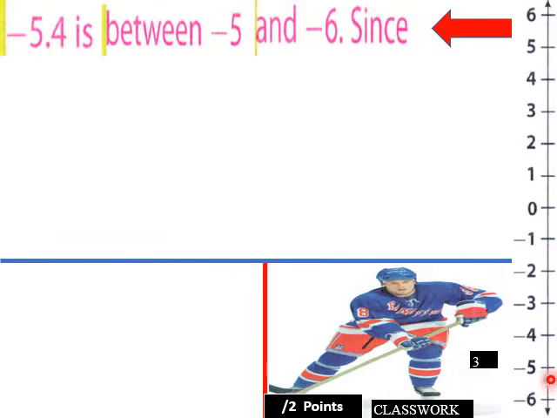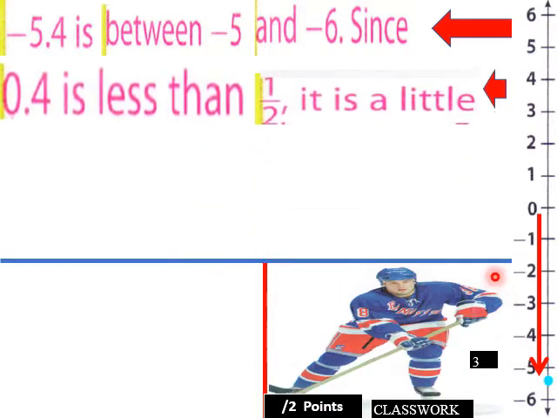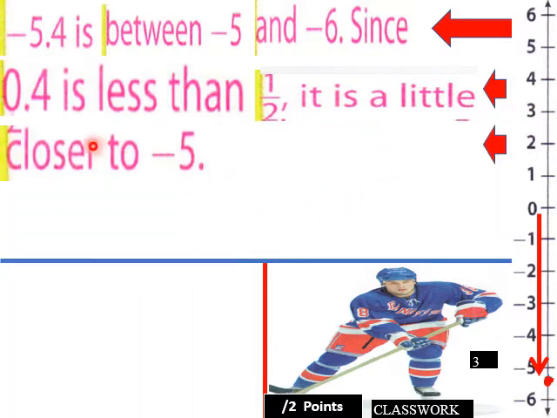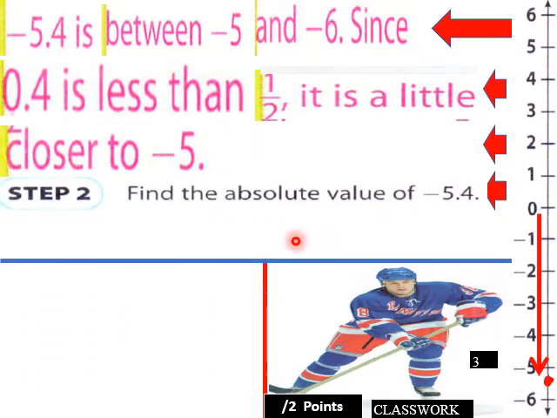So if you divide it up in tenths here, 5 tenths would be actually halfway between them, and then 8 tenths would be down here, etc. So we know it's between negative 5 and negative 6. Since 0.4 is less than 1/2, it is a little closer to negative 5. So it's slightly closer to negative 5 than negative 6.